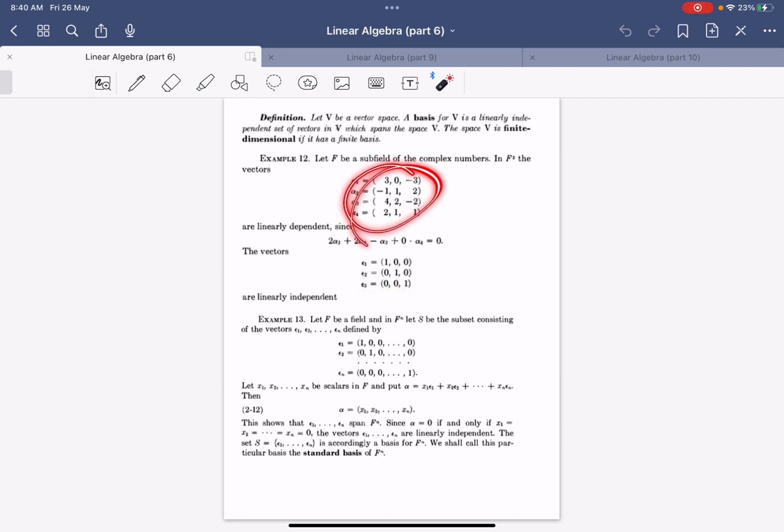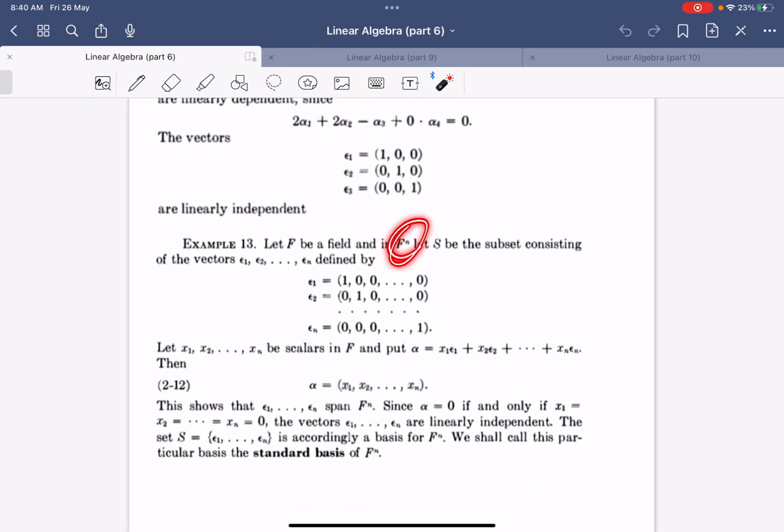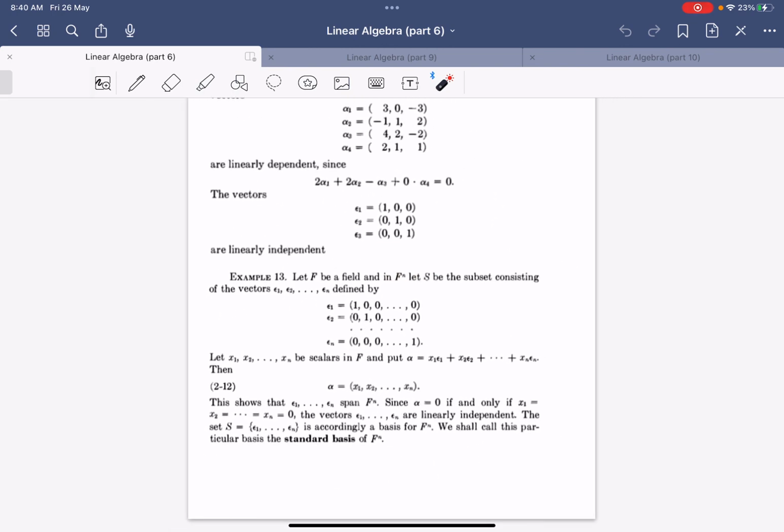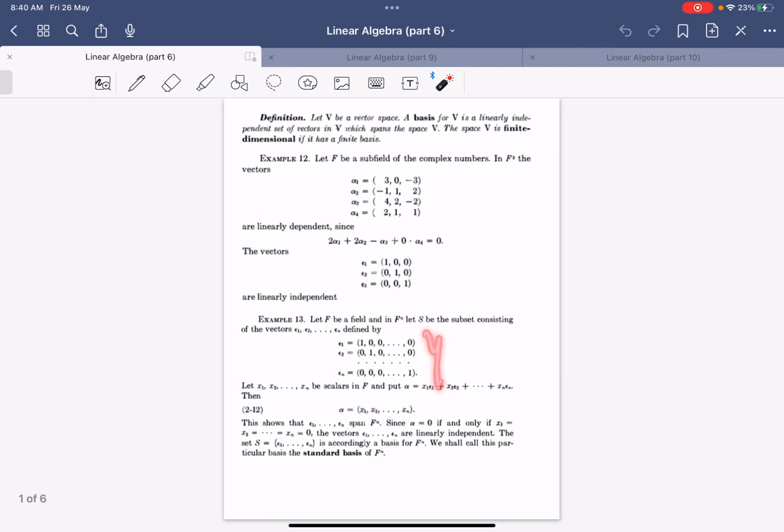So this doesn't form a basis, but this does. If you let F be any field, and in F^n, then the set e1 to en will be known as the standard basis, since they are linearly independent and they span the entire F^n. So this will be known as the standard basis.